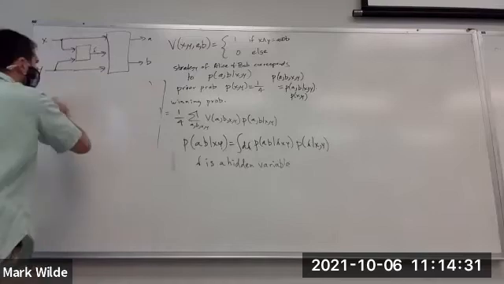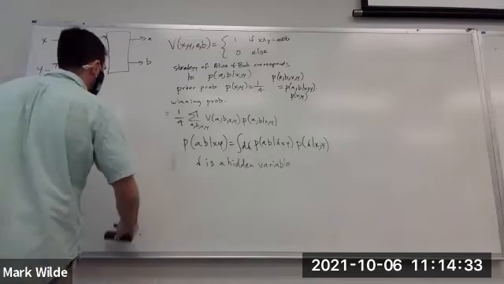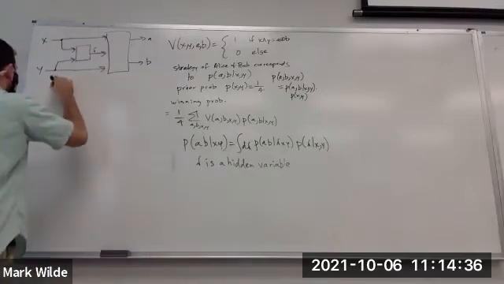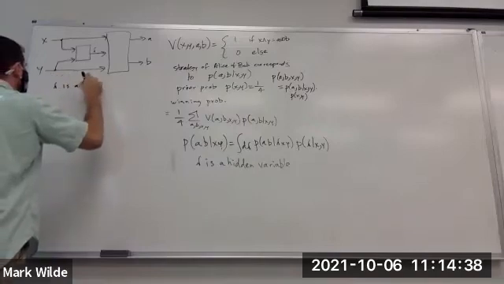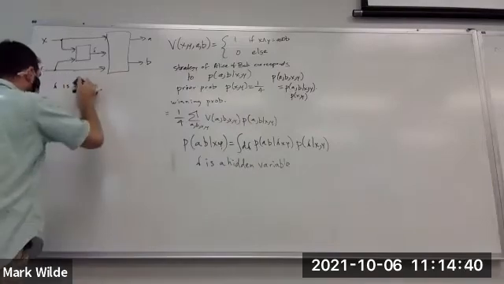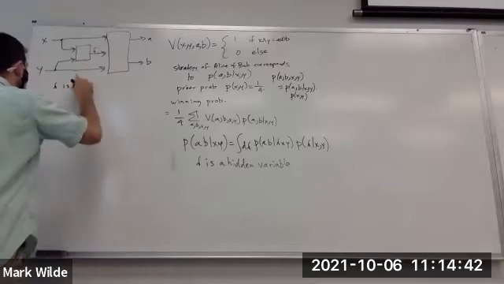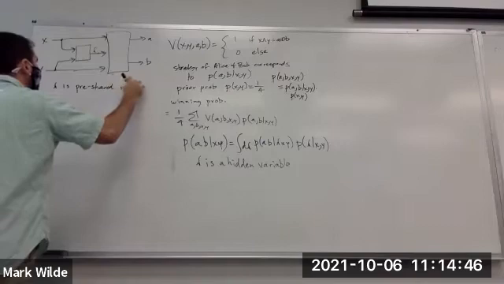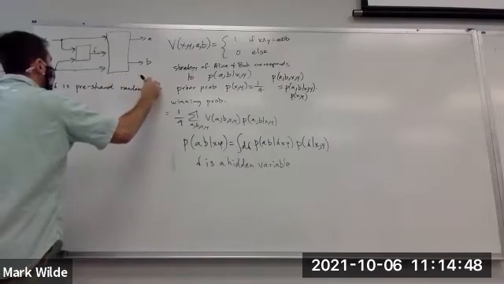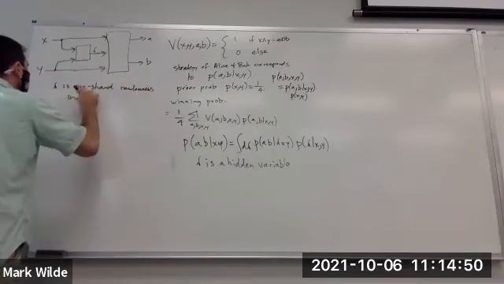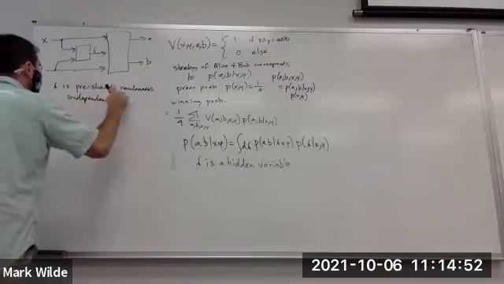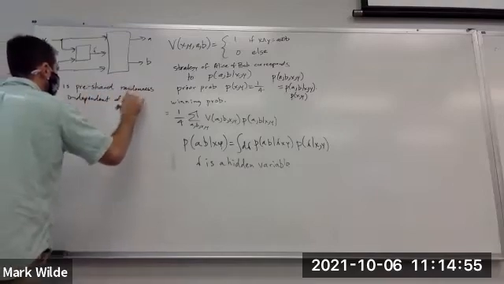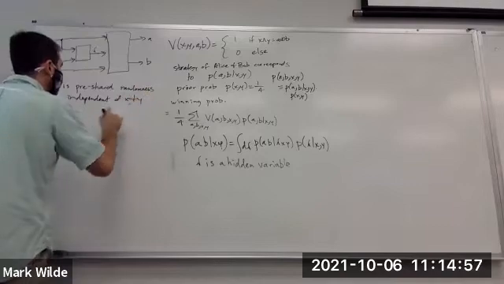Let's write that down. Lambda is, let's call it, pre-shared randomness, independent of X and Y. That's a key assumption. What does that mean?